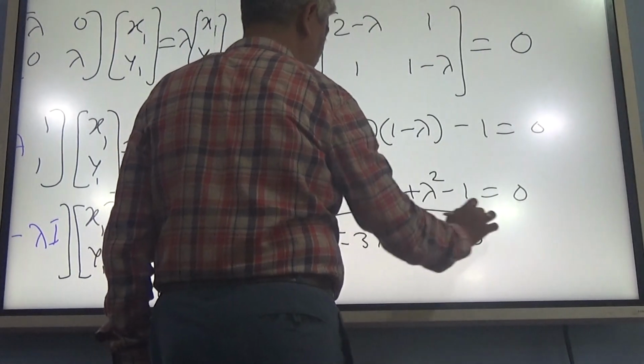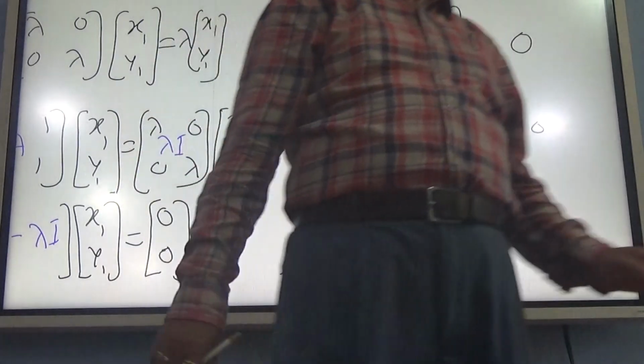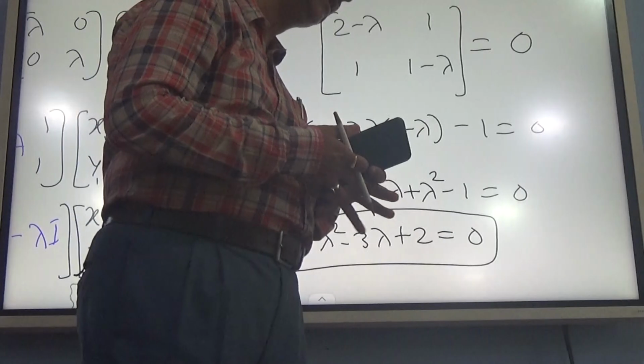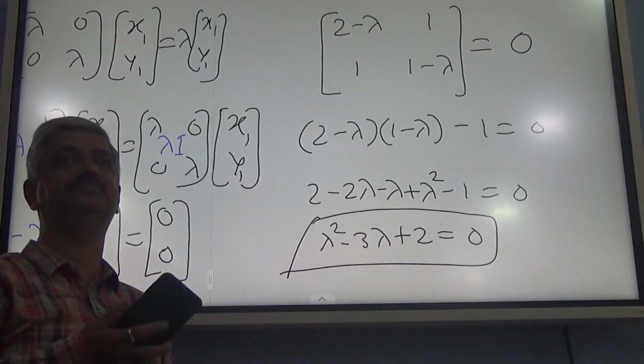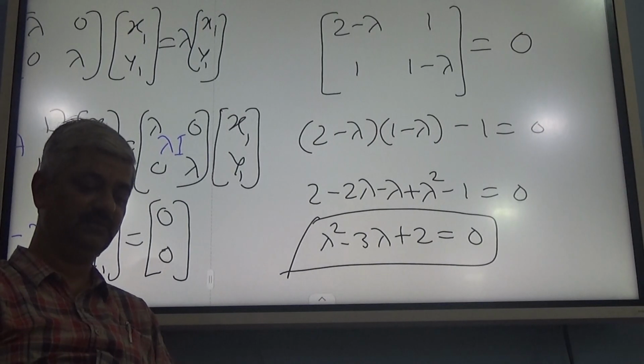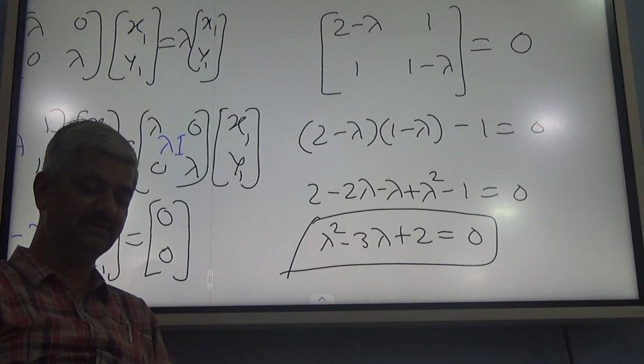So when is it possible now? You complete the remaining part and tell me what will happen. Which are the vectors which will give me that? Lambda is 2 and lambda is 1. So there are two answers. Lambda is 2 and lambda is 1.